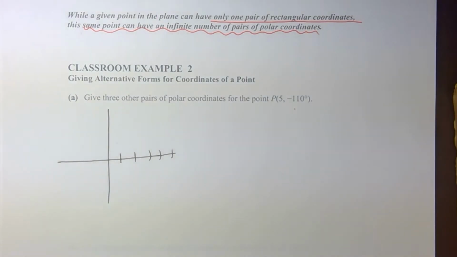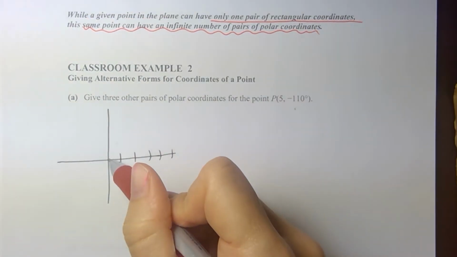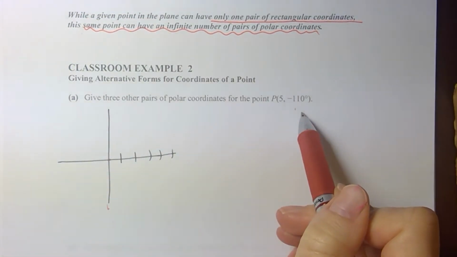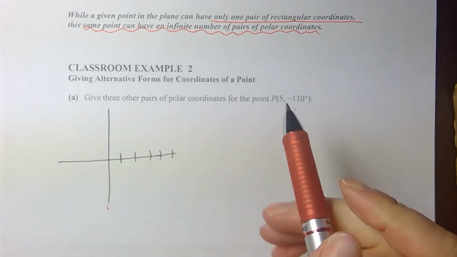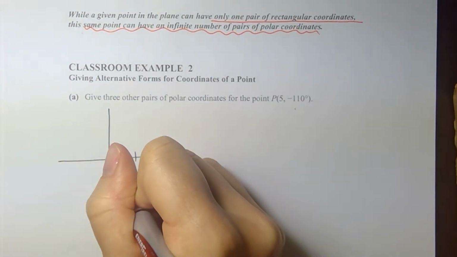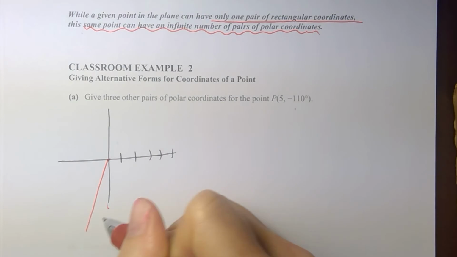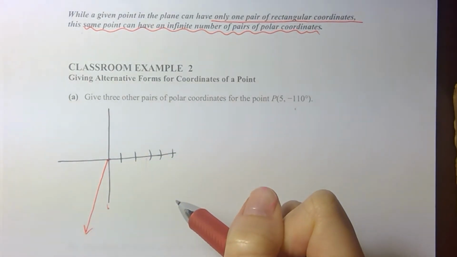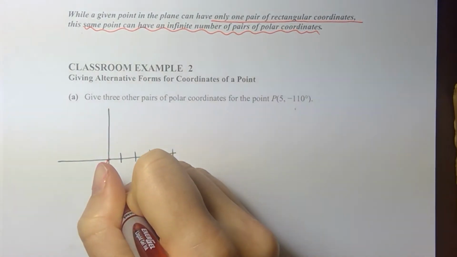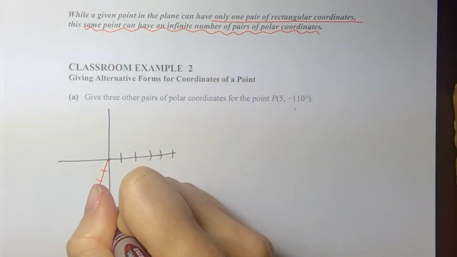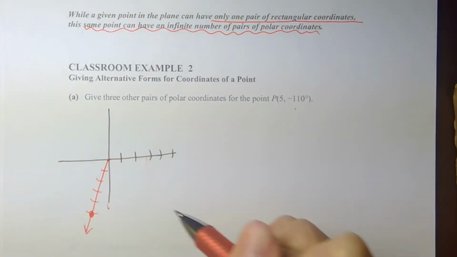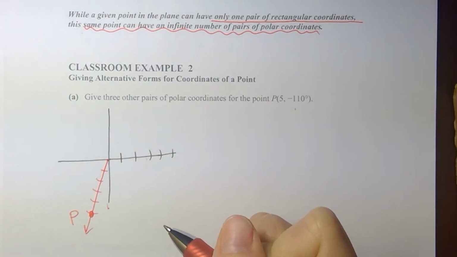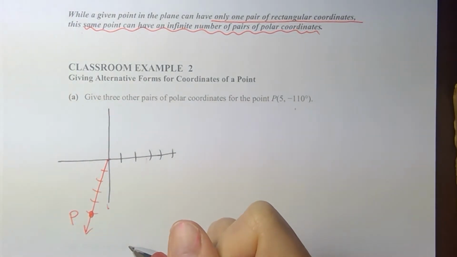Well, negative 110 degrees is going to be 90 and then 20 more degrees. So it's going to be about right there. That's where my polar axis would rotate through at negative 110. And I'm going to go out 1, 2, 3, 4, 5 units. So that would be point P right there at (5, -110°).